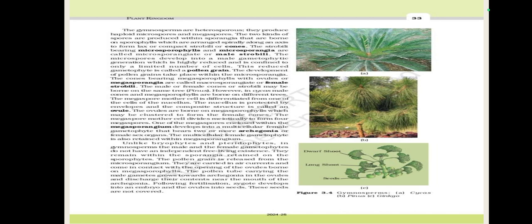The multicellular female gametophyte is also retained within the megasporangium, unlike in bryophytes or pteridophytes. In the gymnosperms, the male and female gametophytes do not have an independent free living existence. They remain within the sporangia retained on the sporophytes.